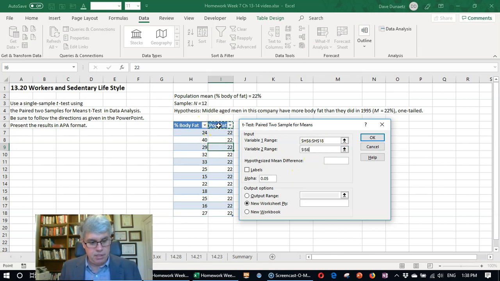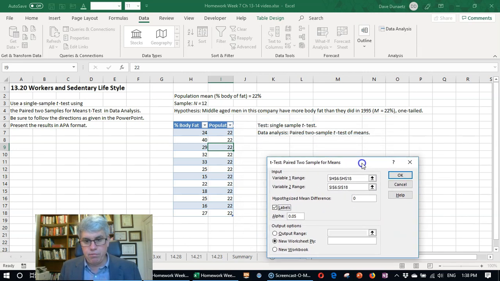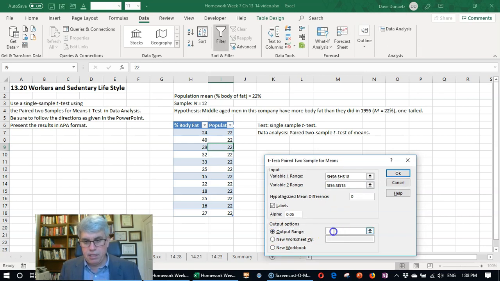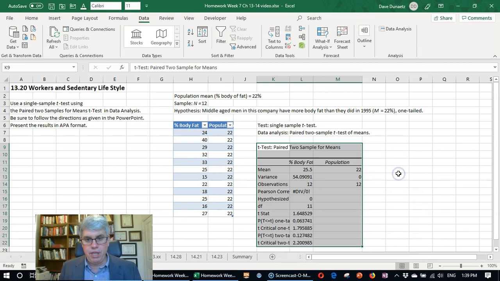Click on the top, Control Shift down arrow. Hypothesized mean difference is 0. We always put that 0 there, and we've got labels. And it says, where do we want the output? I'm going to put it on this same tab. I'll click in the box there, and now I will click here in K9, and I press OK, and it gives me lots of numbers.